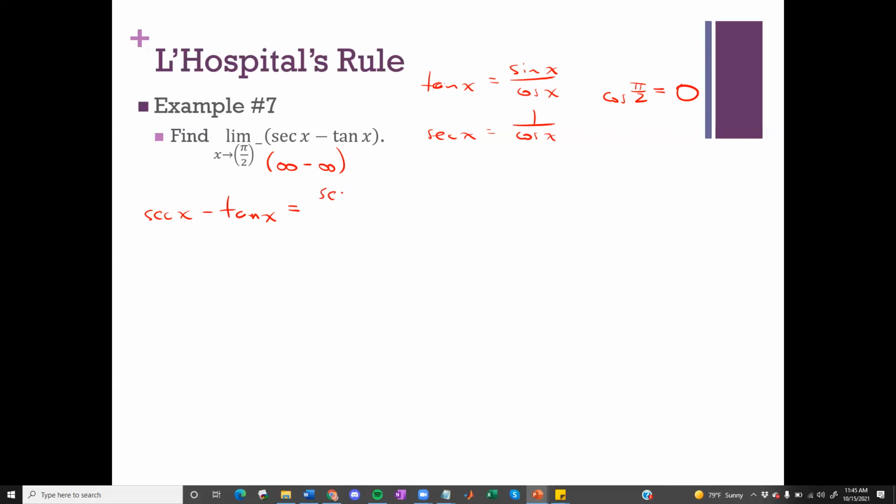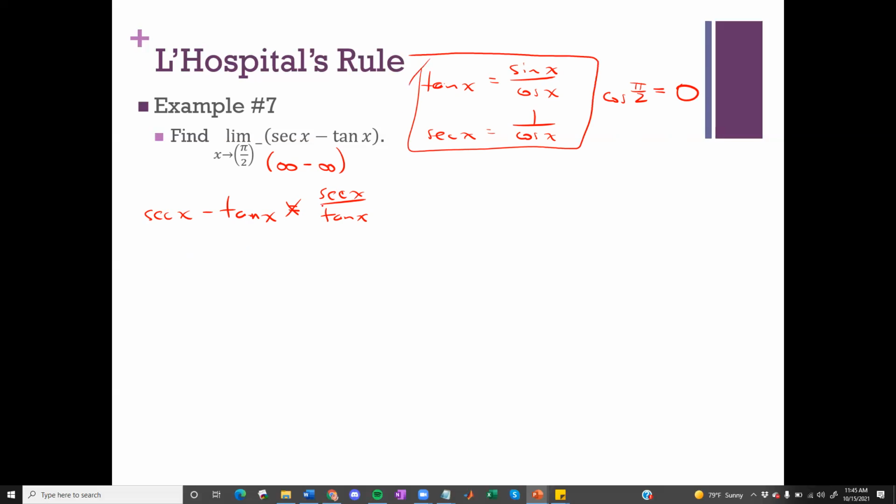So you're saying, can I write secant x minus tangent x as secant x over tangent x? Are we okay with that? That's not true. But can we rewrite these things to maybe help us? Yeah, so that's not one. Oh, I see. Okay, I see what you're saying.